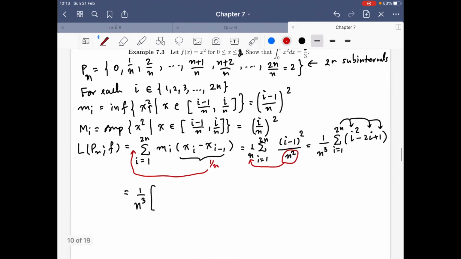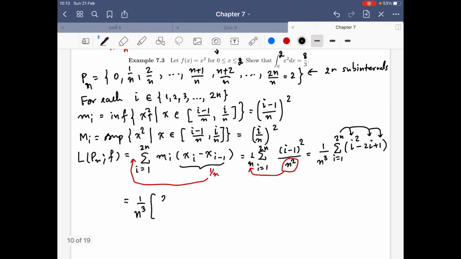So you have 2n, 2n plus 1. So instead of n plus 1, 2n plus 1. So it will be like this, and then over 6. This one as well, the 2 can be taken out, right? And the summation goes to the summation of i, but the end point is 2n.